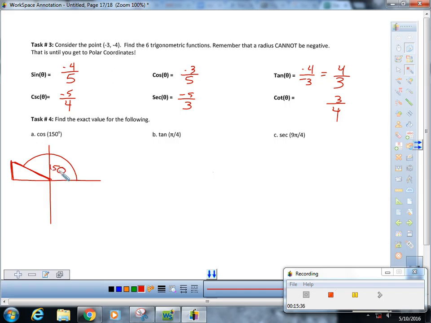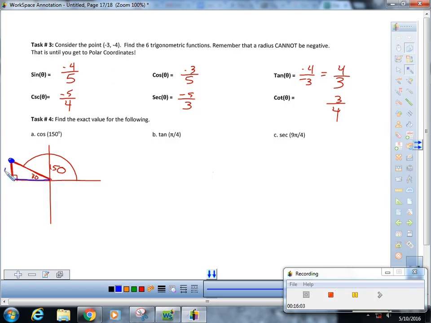Okay? Our reference angle is 30. Now, this point here, don't you agree that it's negative, comma, positive? Well, now all you got to do is know your special right triangles.